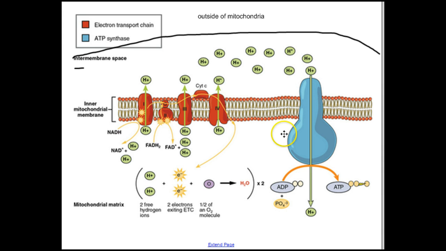So this is an ATPase, sometimes called ATP synthase, and it's basically like a piece of machinery that is designed to pump hydrogen ions back through. Okay, and in the process of pumping hydrogen ions back through, it's also driving the production of ATP from our ADP. This is a really, really important process of making a whole bunch of ATP, this ATP synthase complex.